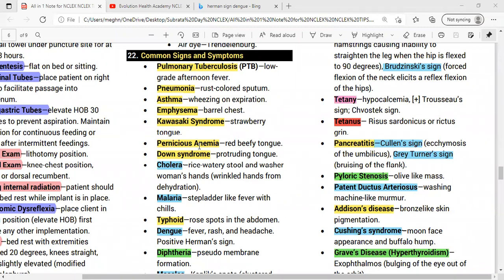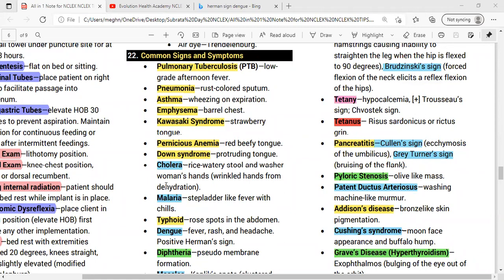In pernicious anemia, because of vitamin B12 deficiency, the patient develops a red beefy tongue. Down syndrome is a chromosomal, genetic disorder, where we find a protruded tongue or dribbling of saliva. In cholera, rice-watery stool.